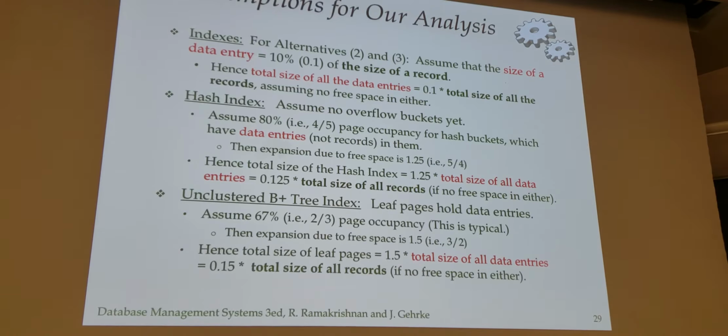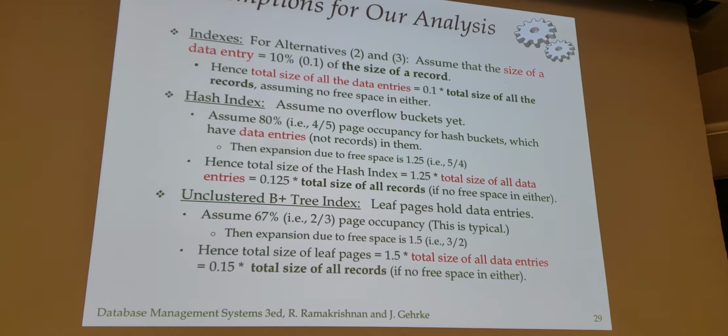What about the total size of all the data entries? Suppose that there isn't any free space. We'll relax that in a second. But suppose that there isn't any free space kept. The total size of the records is going to be 10 times the size of the data entries, because each data entry is 1/10 the size of a record. So if every single data entry is 1/10 the size of the record, then all the data entries, end to end, is going to be 1/10 the size of all the records.